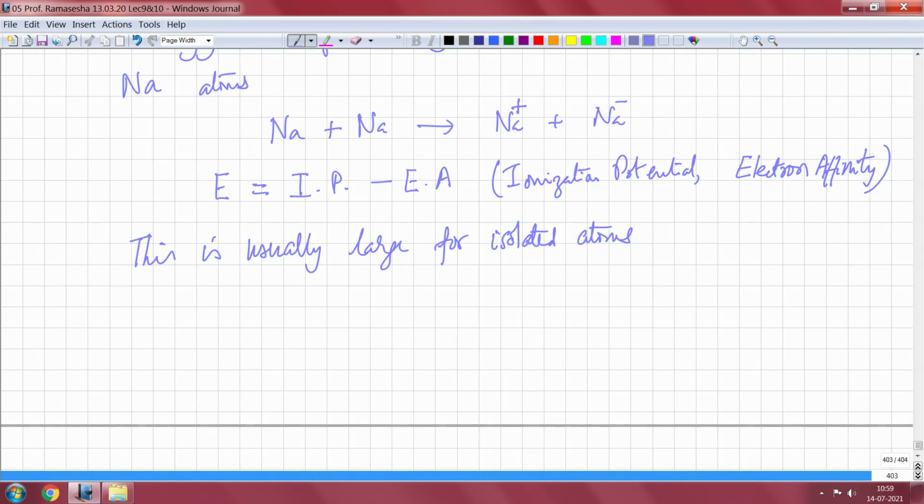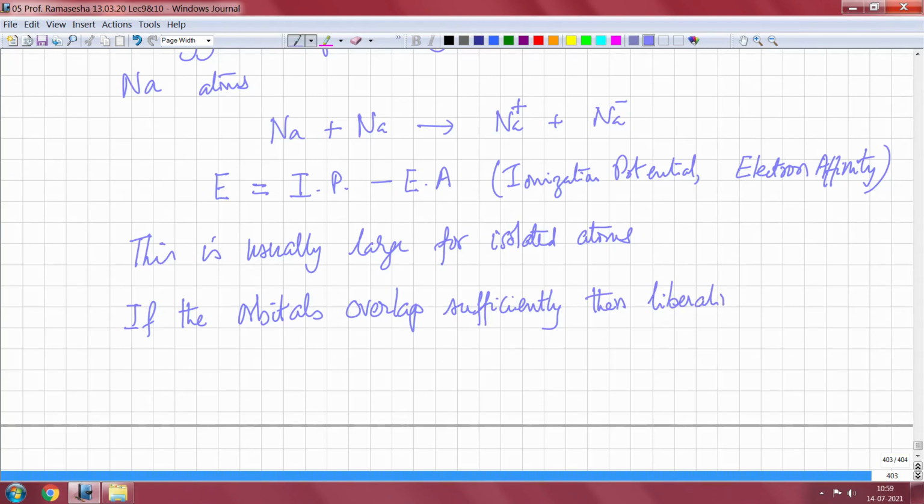Now, what we need to know is the following, that is, if the orbitals overlap sufficiently, then liberating the valence electron is equivalent to breaking the exciton, because a neutral sodium is like an exciton with a positive core binding the negative electron. So, it is an electron hole pair, you can say.